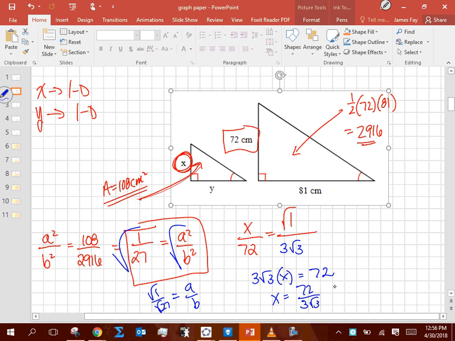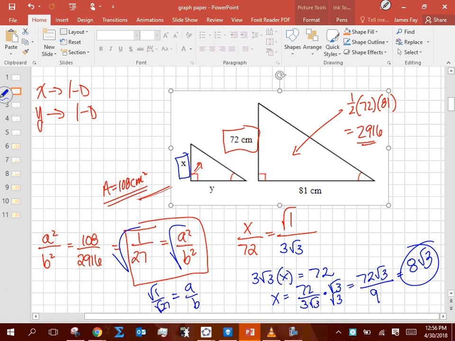What do I need to do there? Simplify, rationalize by multiplying by radical 3 over radical 3, right? So 72 radical 3 over 9. What's 72 divided by 9? 8. So 8 radical 3 should be that value of x.